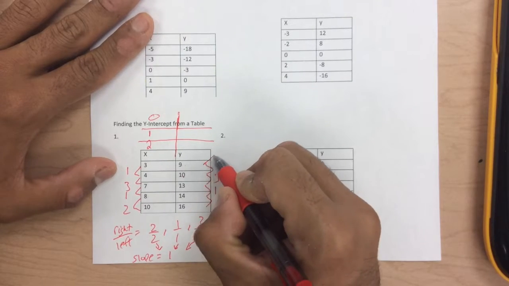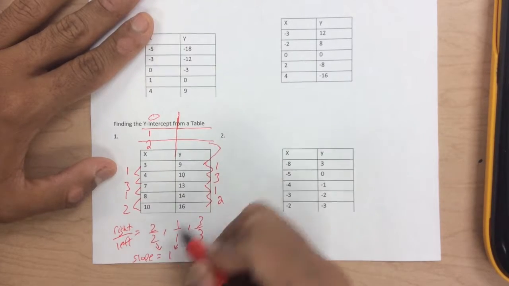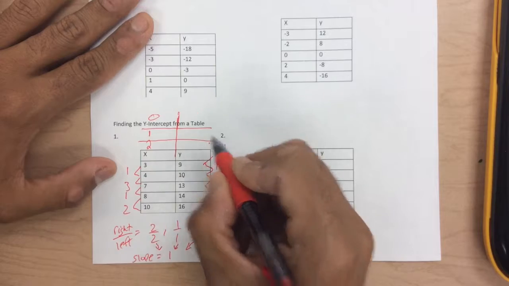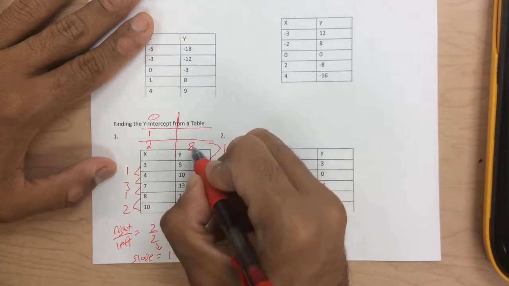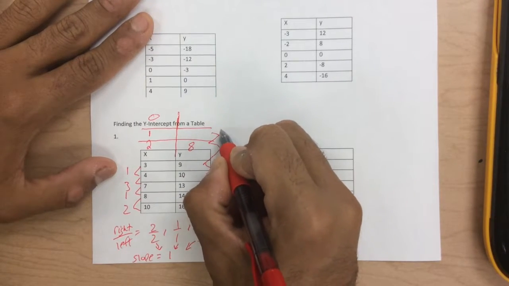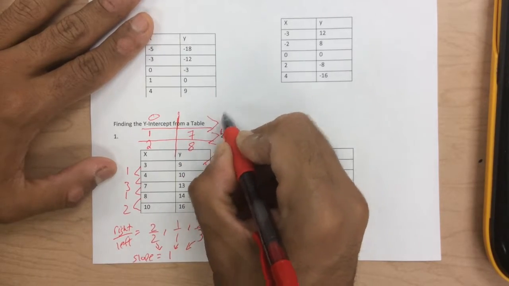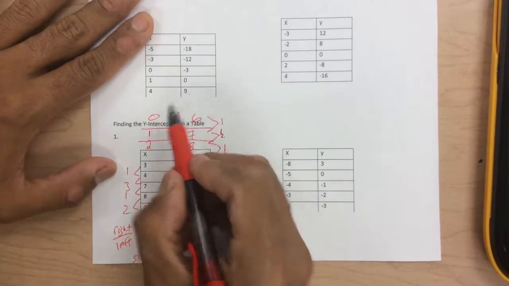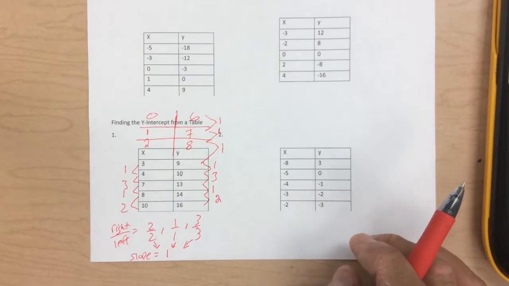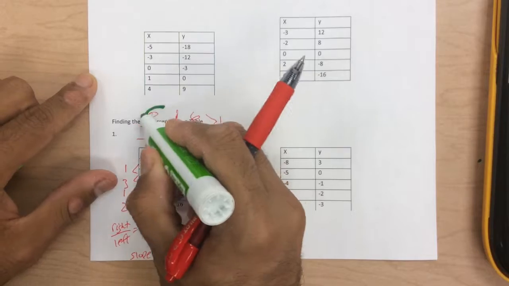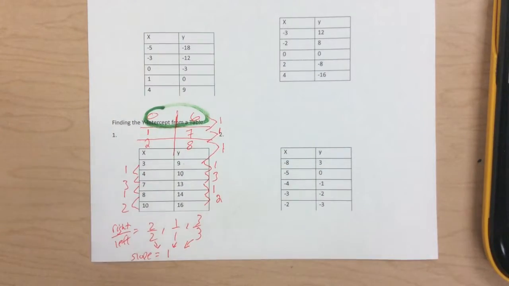Now keep going. 9 minus the slope, and we said my slope was 1, so 9 minus 1 is 8. 8 minus 1 is 7. 7 minus 1 is 6. And there you go. You have found your y-intercept of this table. 0, 6, which is just 6, obviously.